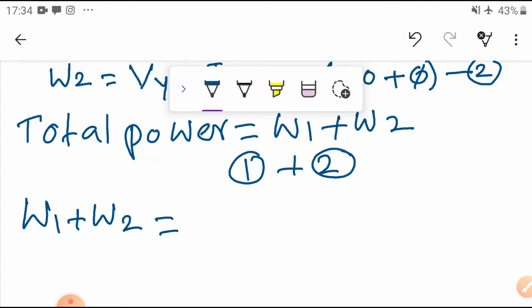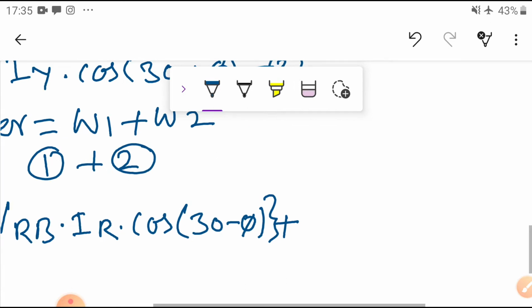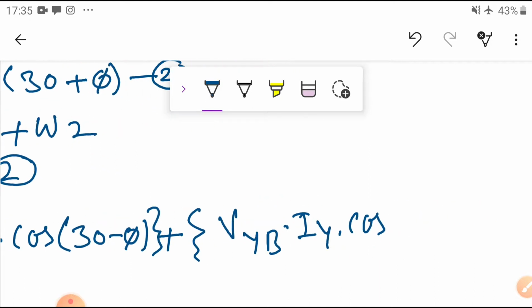Now, in this case, the voltages: that is equal to VRB into IR into cos(30 minus 5), plus this is the one equation. Okay. W1 plus W2 is VYB IY cos(30 plus 5). This is the second equation.